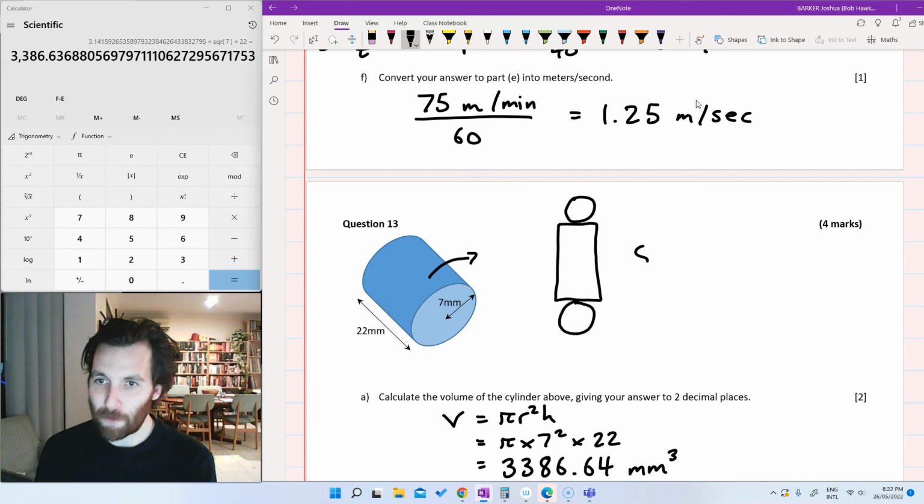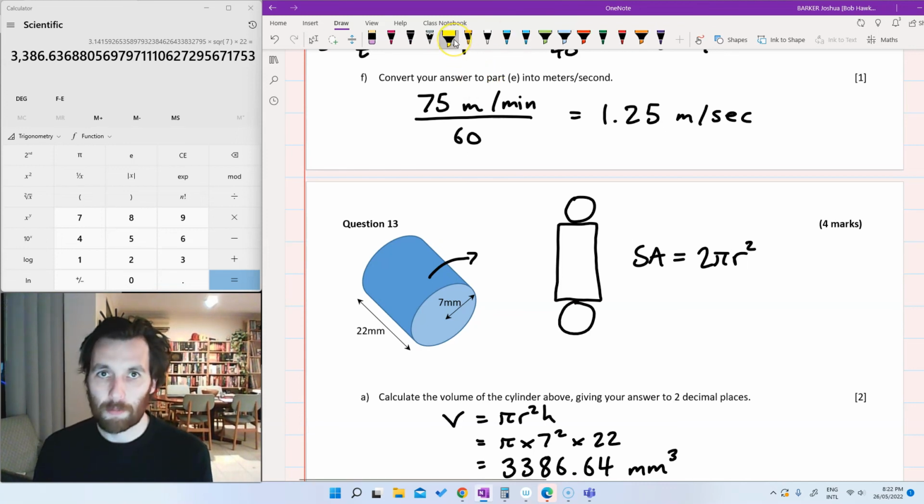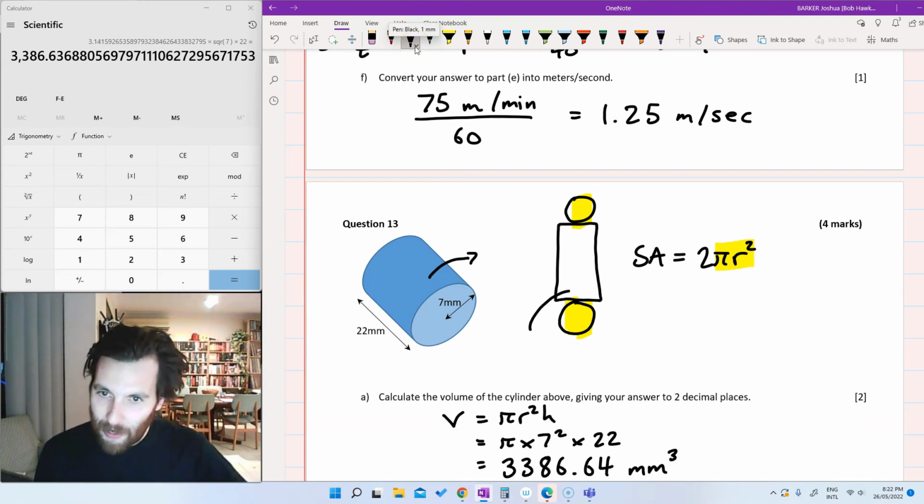So the surface area formula basically comes from this. We've got 2 lots of pi r squared, because pi r squared gives us the area of a circle, and we've got 2 of them, so times 2. But it's a little bit trickier as the curved surface. What you've got to imagine here is that this rectangle has got a width.